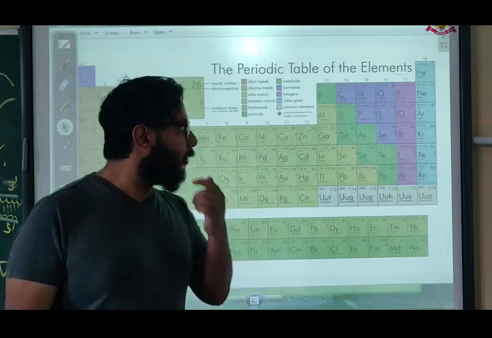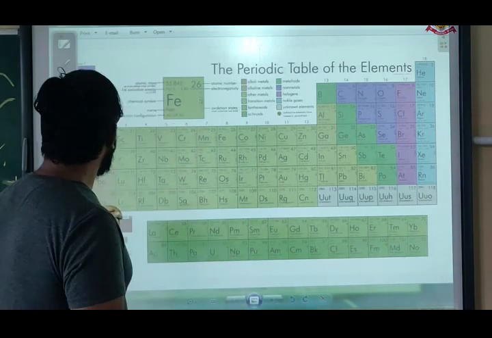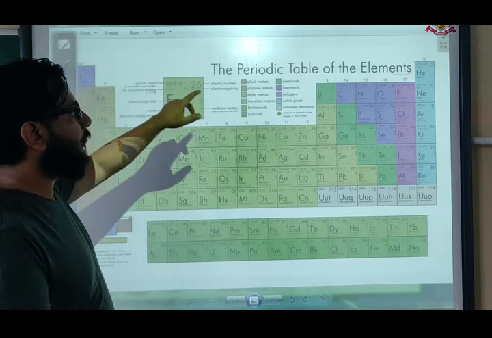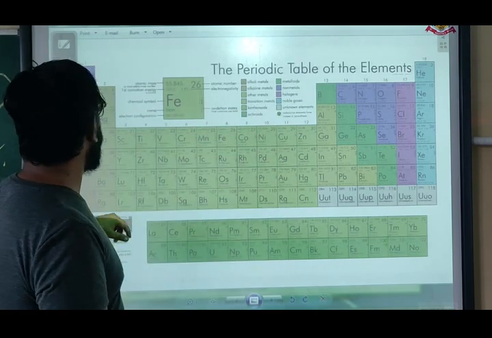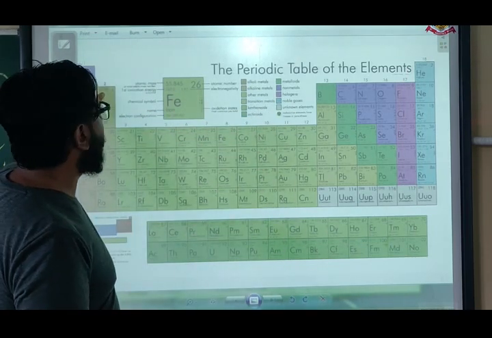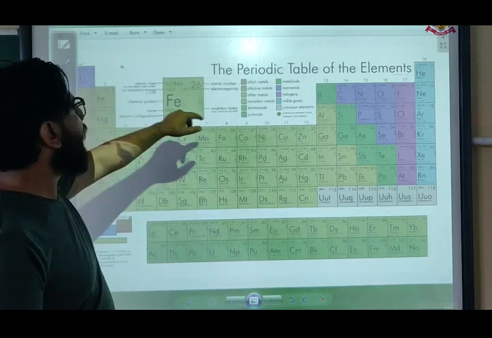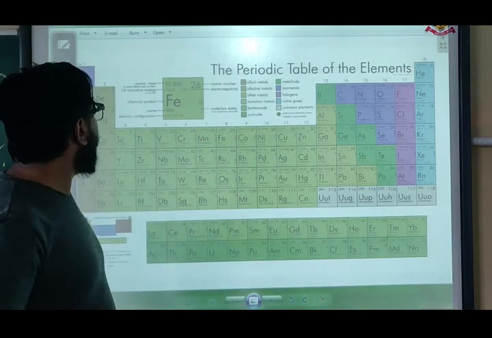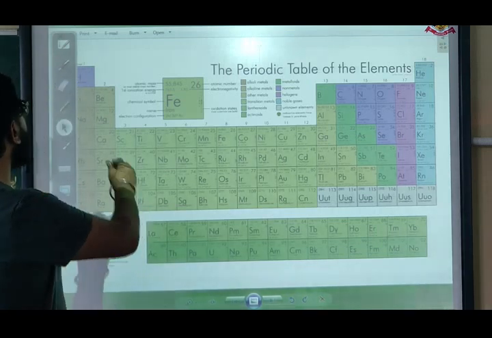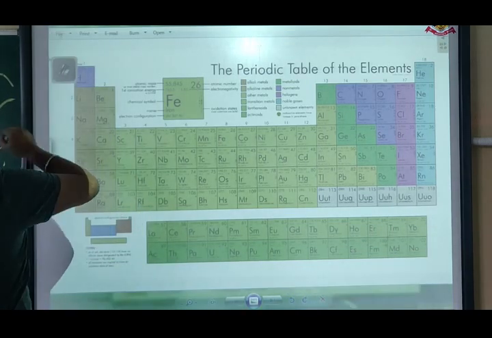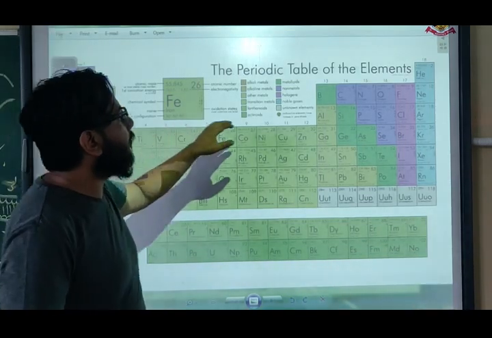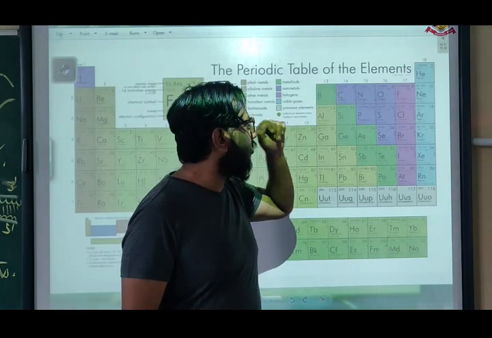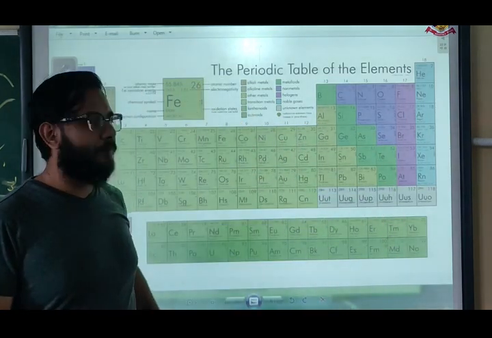And not just atomic number, let's look at how to read a periodic table. To read a periodic table, we go from atomic number 1, that is hydrogen, atomic number 2, that is helium, 3, lithium, 4, beryllium, boron, carbon, nitrogen, oxygen, fluorine, and neon.